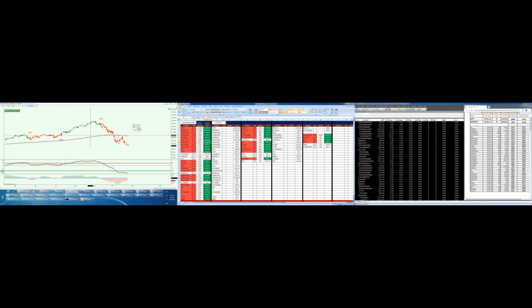And on the right side is my Nest terminal, and I am even giving you the approximate margins that are required. You can see Nifty, the carryover margin is let's say 73,000 approximately. Bank Nifty, the carryover margin is around 48,000 rupees. Now let's go into the trades.